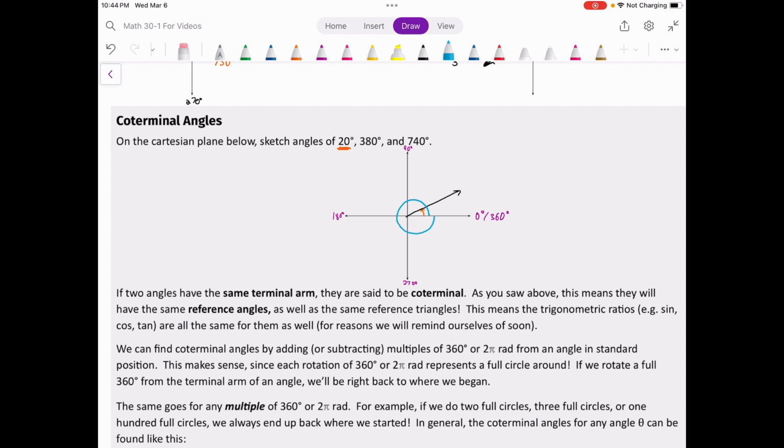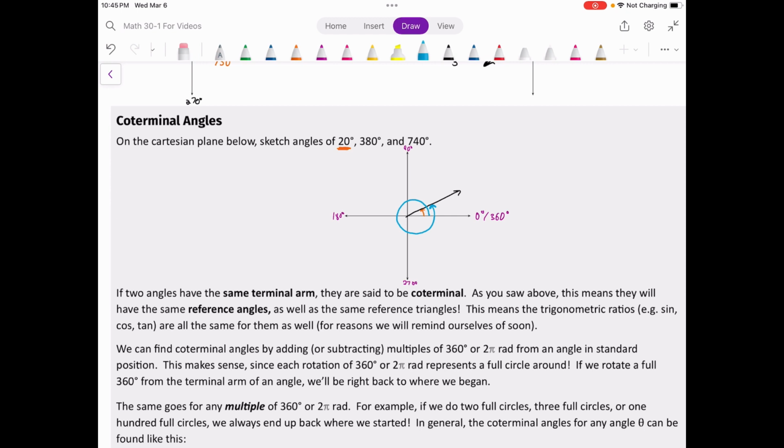And then how far do I have left to go? I just have another 20 degrees to get to 380, don't I? So that angle's terminal arm is going to be in the same spot as the 20-degree angle's terminal arm, right? Starting from 0 and going 20 degrees counterclockwise gets you to the same place as starting from 0, going all the way around, and then going 20 degrees. Because you're essentially starting back at 0, then going 20 more.